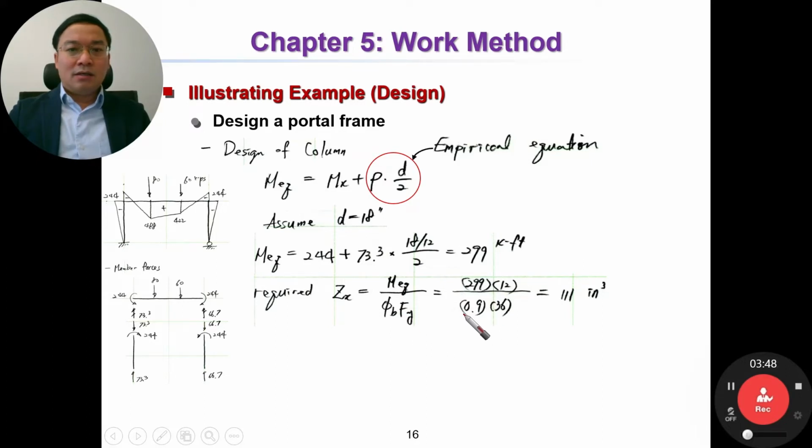Phi b equal to 0.9, the safety factor, and Fy equal to 36. And here, the requirement M equal to this one, and 12 is the factor to transfer from feet to inch. And finally we have Z equal to 112.11 inch cubed.